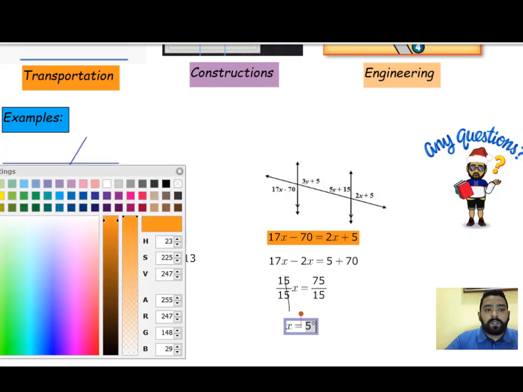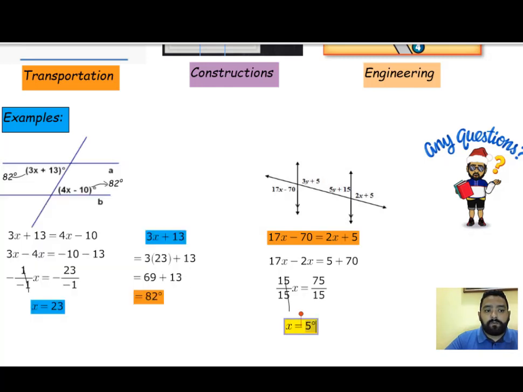We already finished with the value of x, but this is not the solution, remember, because we need to find the value of each angle. So what do we have to do? We take this or this value. In this case, I'm going to take 2x plus 5, because it's easier to multiply 2 times 5 than 17 times 5. Then we need to substitute this value.